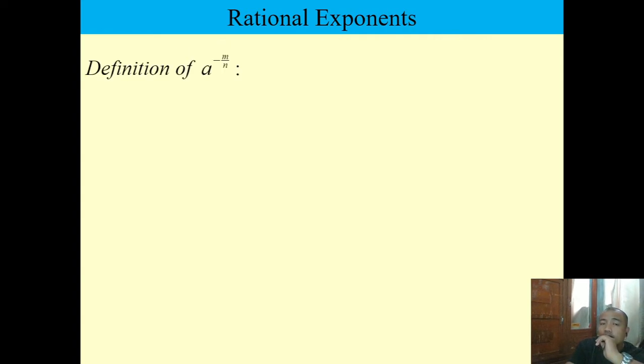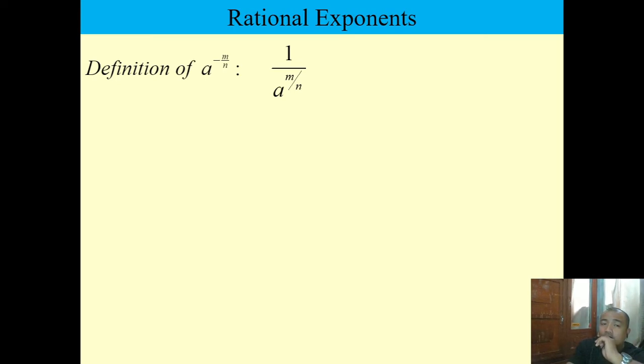Another definition: a raised to negative m over n. When the exponent is negative, we just get the reciprocal.